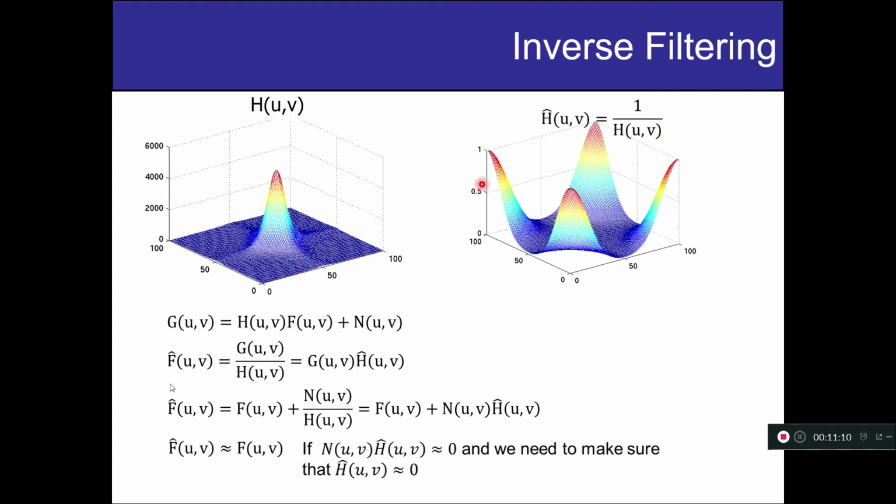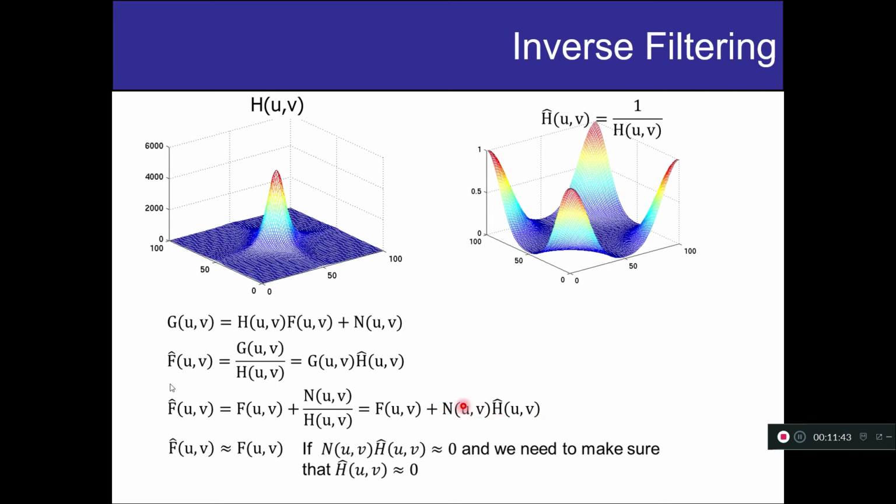From here you can see that if you write the expression longer by replacing your H with your H head like this, you will find out that in order to make sure this one does not become dominant, you must make sure this one becomes very small, close to 0.